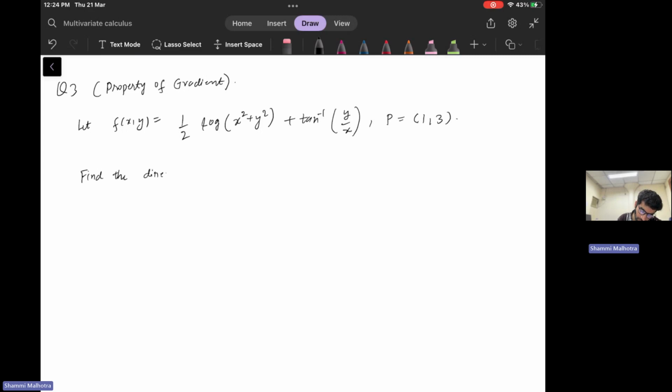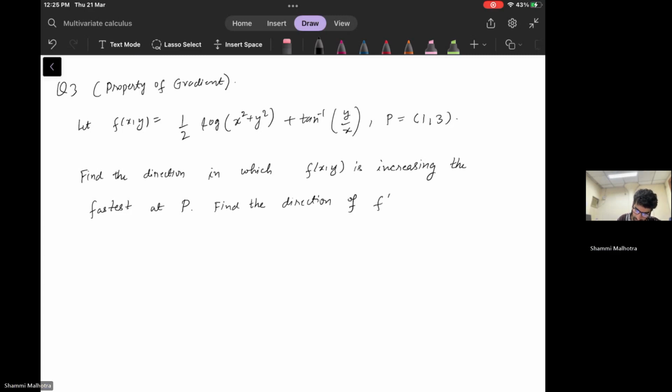Find the direction in which f(x,y) is increasing the fastest at p. Find the derivative of f(x,y) in this direction.